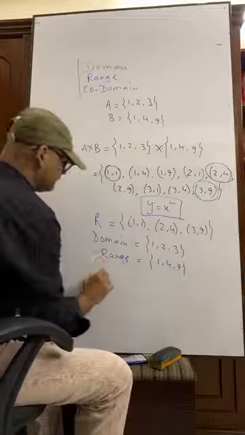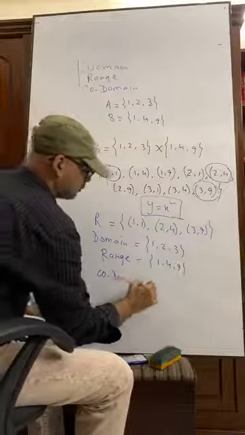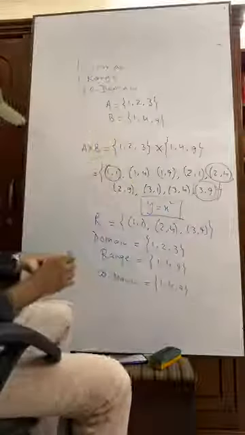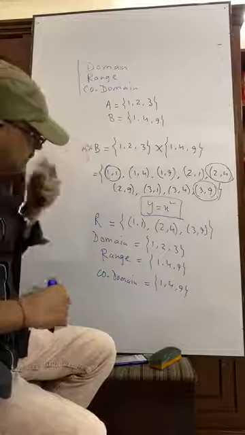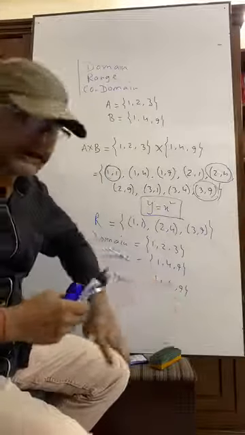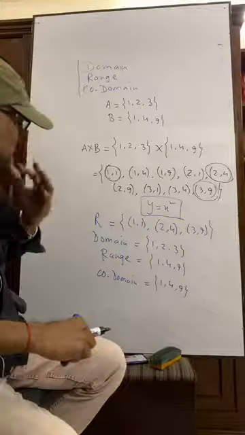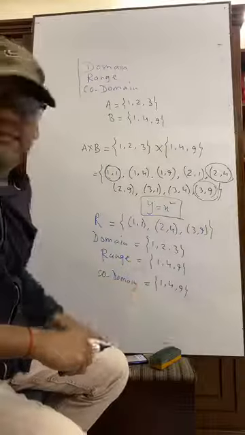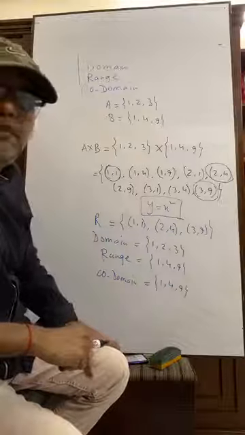Codomain equals, we know the second set is always the codomain. So codomain is {1, 4, 9}. You can tell me this range and codomain are the same. Here they are the same, but it is not always true.